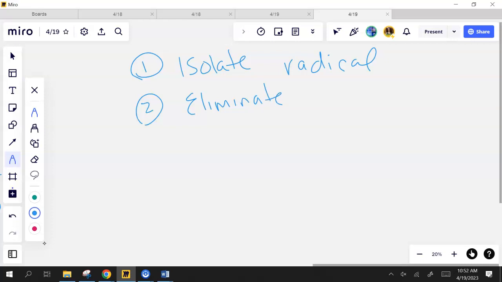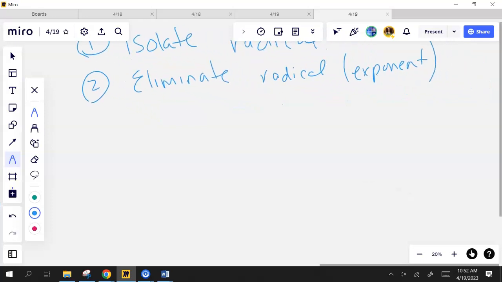We're going to eliminate the radical using the exponent. We're not going to go much further than that today, but some of these will get a little harder than others. So let's get into some examples and see what happens. Oh, and step 3 would be solve.